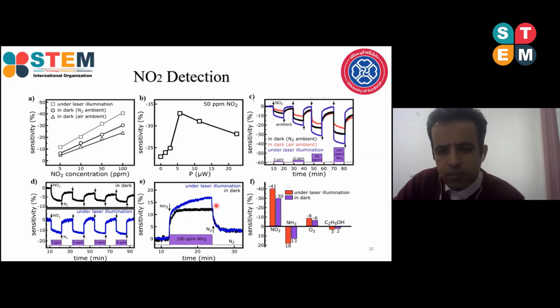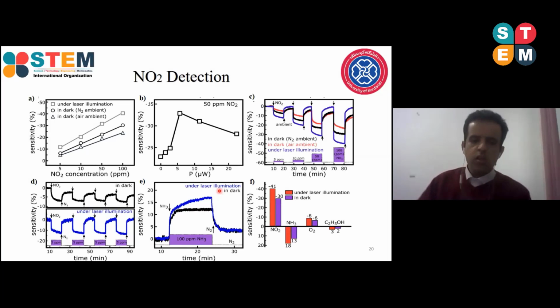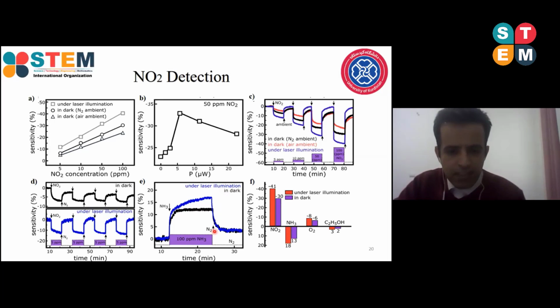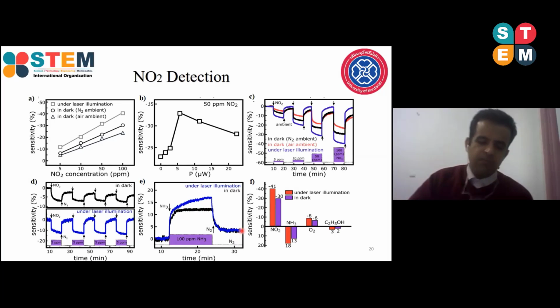We also test our sensor for 3 different gases. Ammonium also we test, and we compare our results with other gases. In the case of ammonium, you can see that we have a better responsivity compared with the dark state, and also mostly better recovery time.